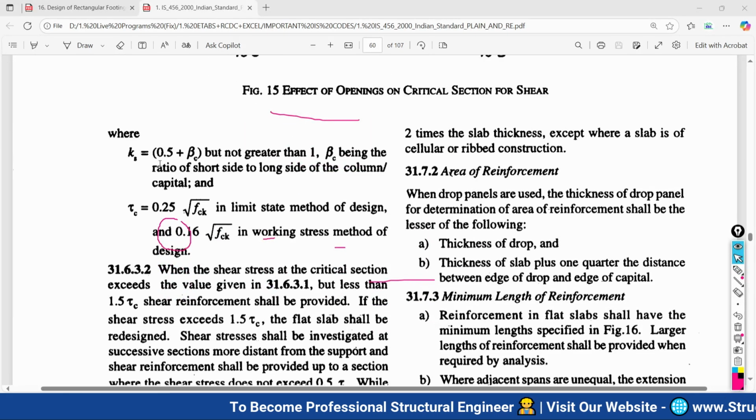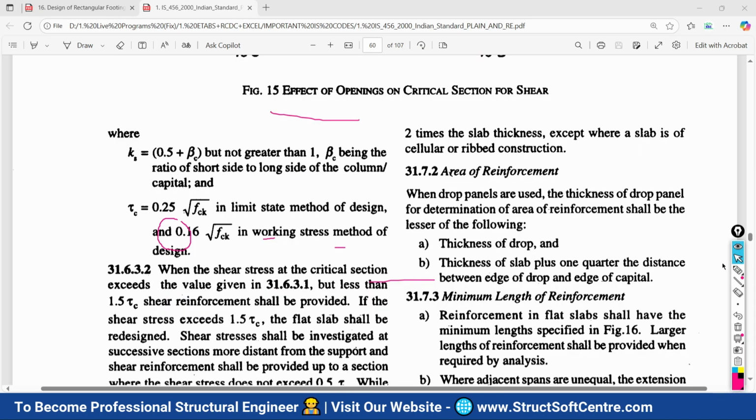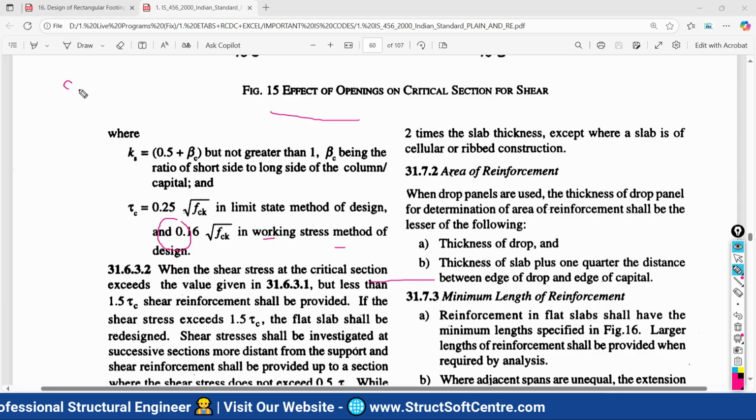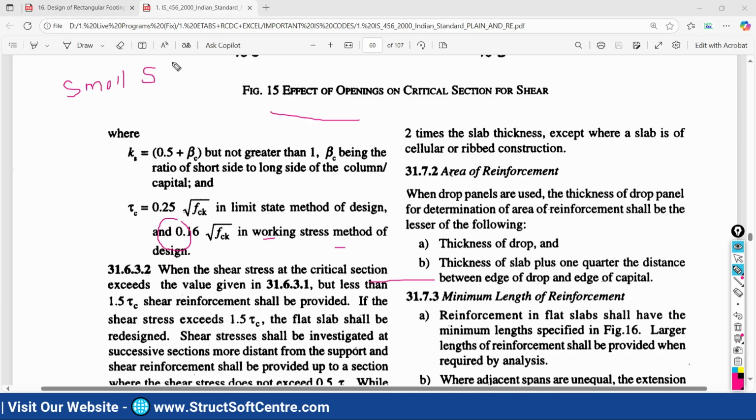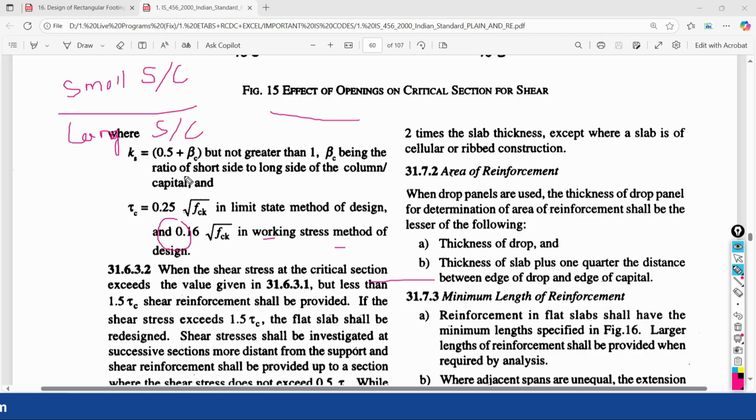Ks will equal 0.5 plus beta c. And what does beta c mean? Beta c is the smaller side of your column divided by the longer side of your column. This ratio will give you the value of beta c, and that beta c value you have to add to 0.5, and this value should not be more than 1.